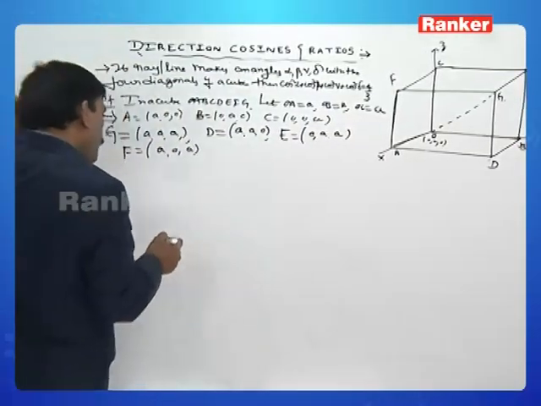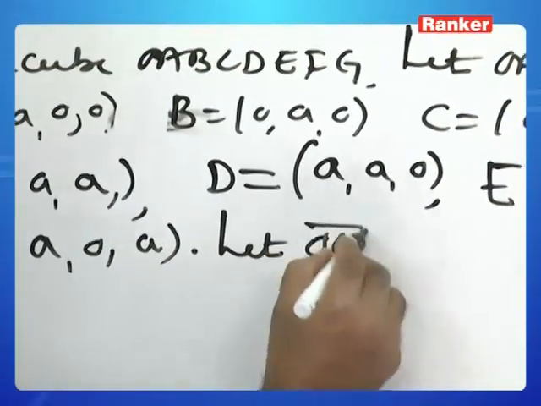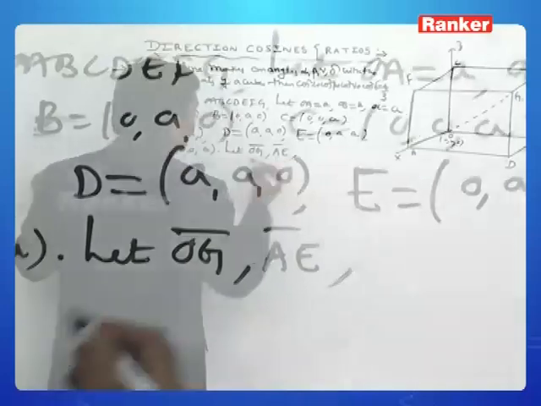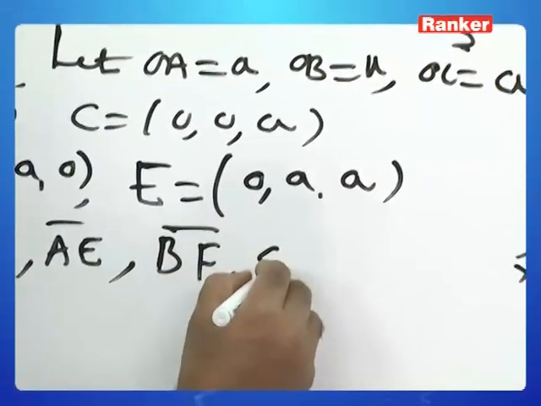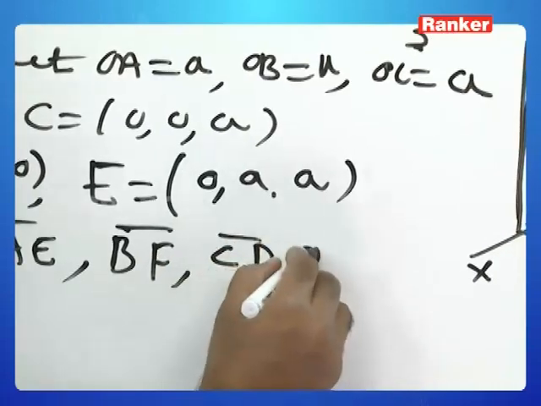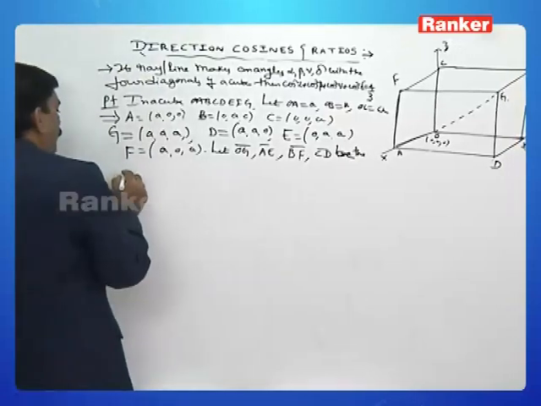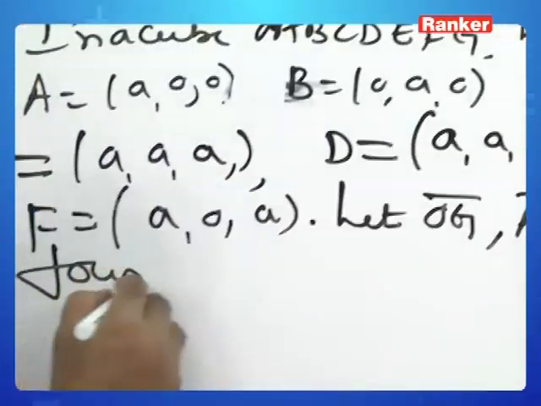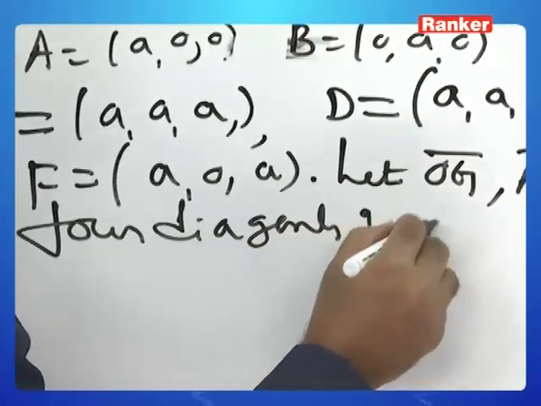So therefore, now let OG, AE, BF, CD, the four diagonals, be the four diagonals of a cube.